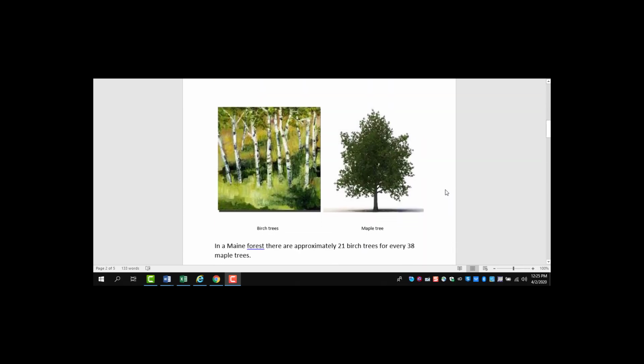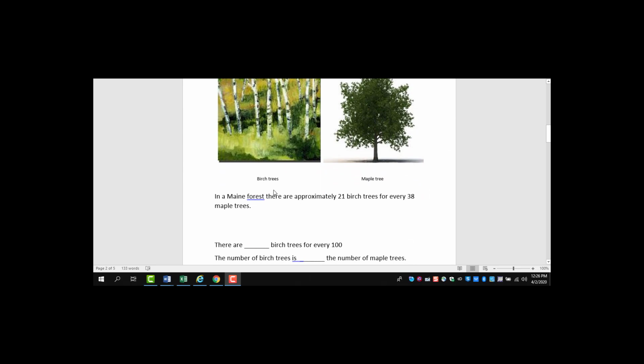Okay, so we're returning to our Maine forests. And we're going to look at two types of trees. Birch trees and maple trees. So it says that in a Maine forest, there's approximately 21 birch trees for every 38 maple trees.